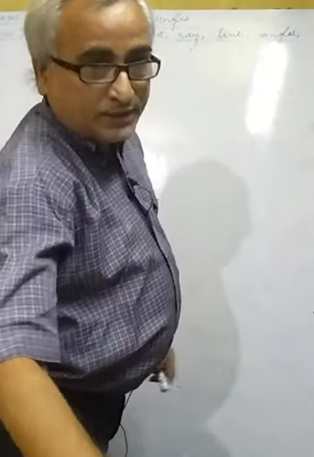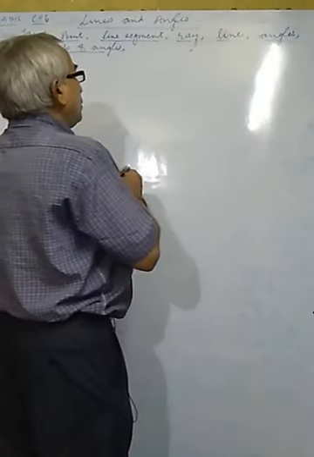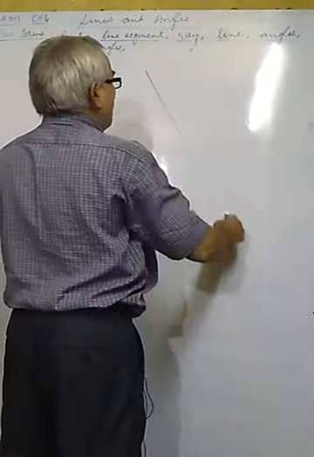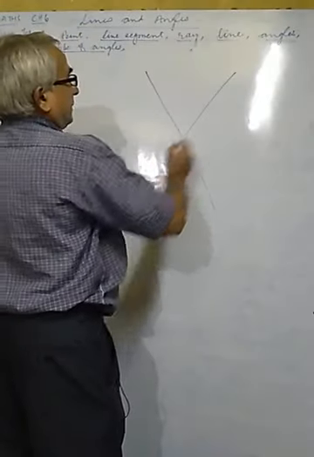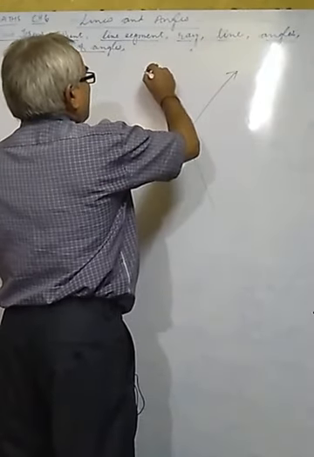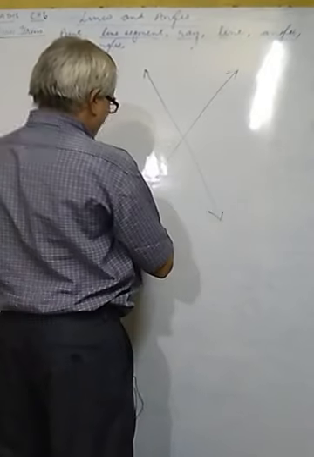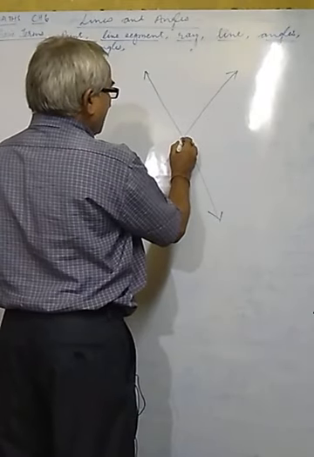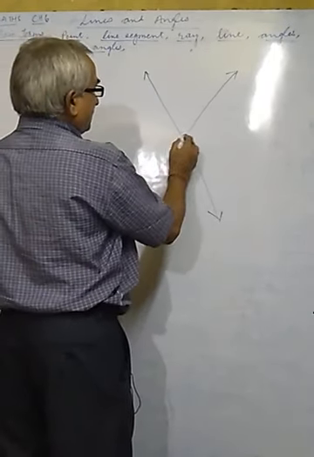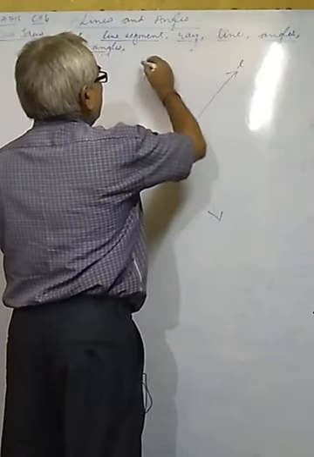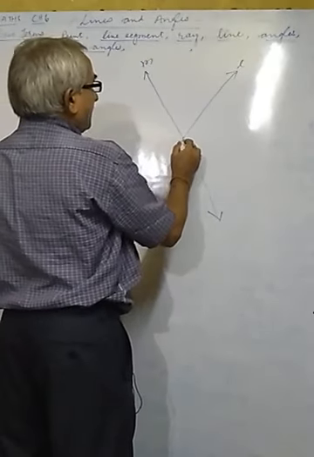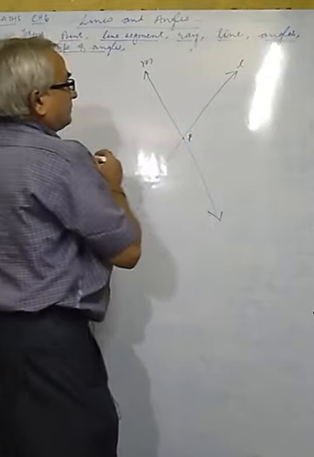What are those points? Suppose two lines in a plane are given and both the lines are meeting at a point. They are intersecting at a point. Suppose this one is line L and this one is M, and both are intersecting at point P.